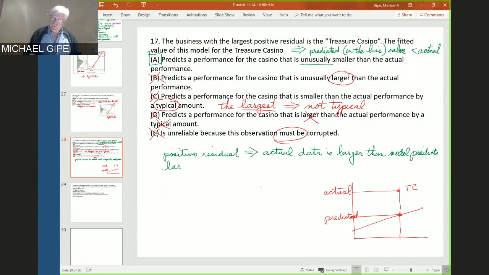And the largest residual is the farthest away from the model line.